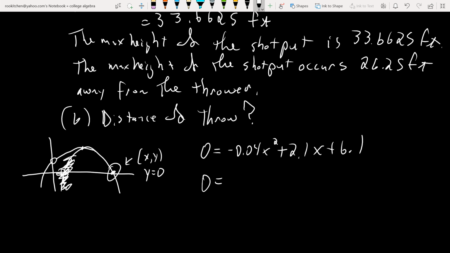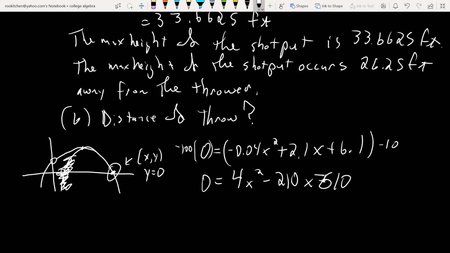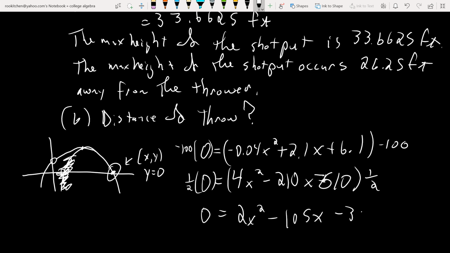Okay, so 0 will equal 4x squared minus 210x minus 610. Okay, so I just multiply both sides by negative 100. Then I could see that these are all divisible by 2, so I'm going to divide everything by 2, or multiply both sides by 1/2. Okay, so I end up with 2x squared minus 105x minus 305.